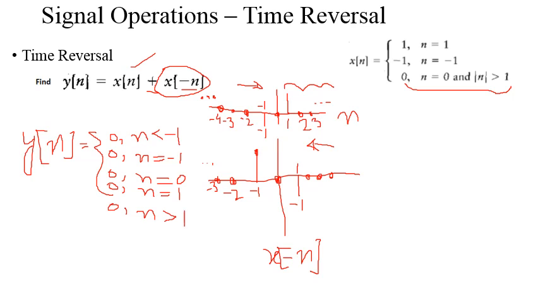Because for all values this is 0, we can say y of n equals 0. So I hope it gives you the understanding of how we reflect the signal, how we do the time reversal and how we do the addition.